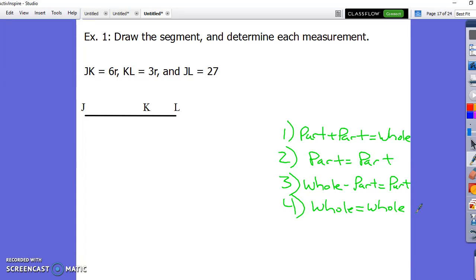Whenever we're solving problems, the first thing that we want to do is read the problem. Reading is huge. I don't know how you guys did on your Keystones. I haven't had a chance to look at that data yet. However, the biggest issue that students have on Keystones is they don't read the problem. The biggest issue people have in life, they don't read the fine print. You've got to read.